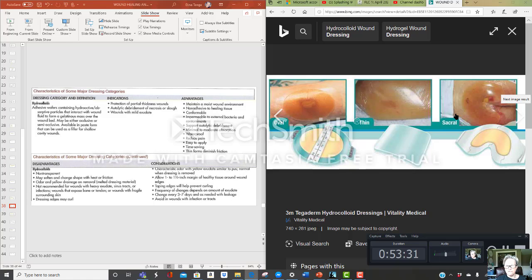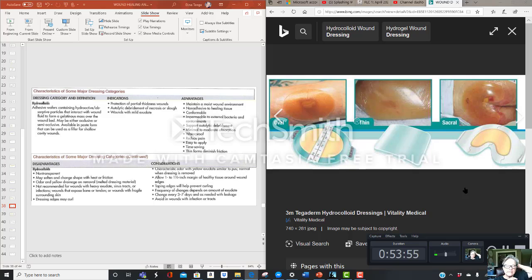So here's the oval kind right here. Here's a thin and here's a sacral. I've seen the sacrals. And the edges do curl. I've seen that a lot. Taping the edges may help prevent curling. Change every 3 to 7 days. Avoid in wounds with infection and tracts.